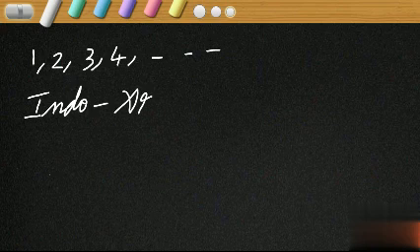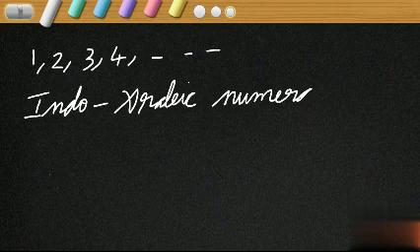We are very familiar with these numbers, but we don't know the name of this number system. These are known as Indo-Arabic numerals. Indo denotes our India.